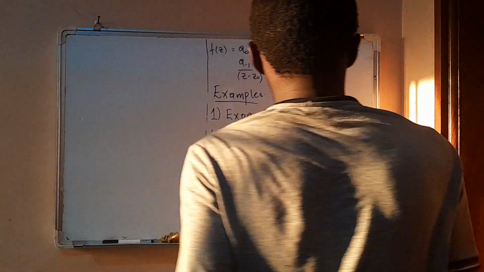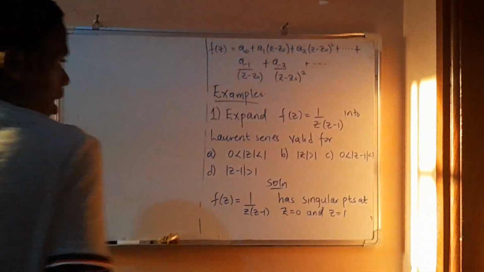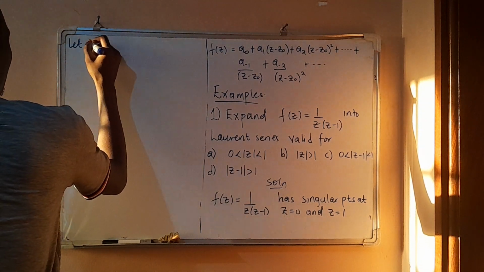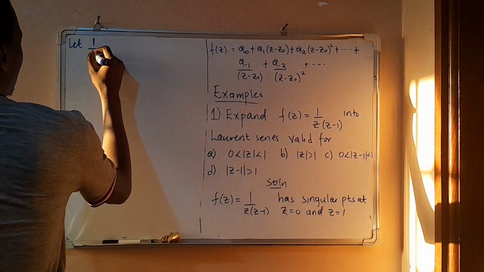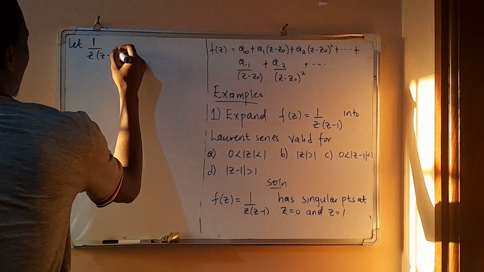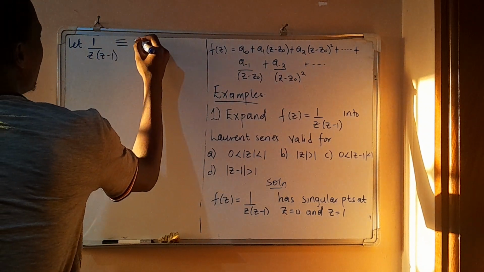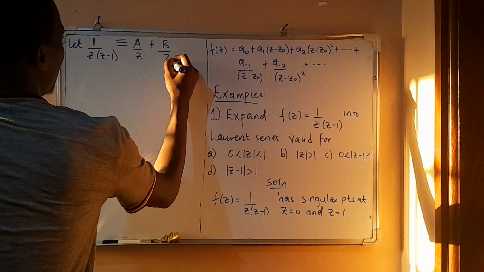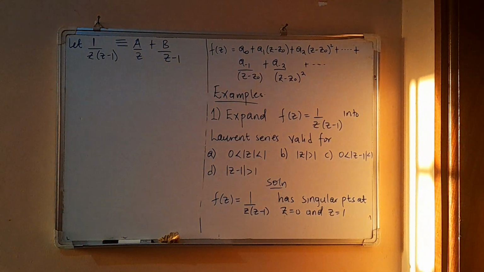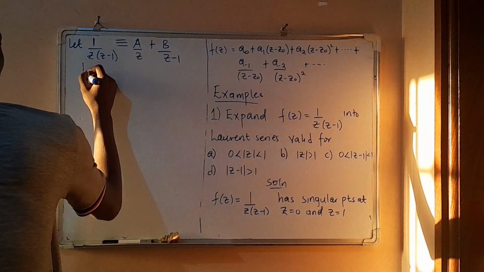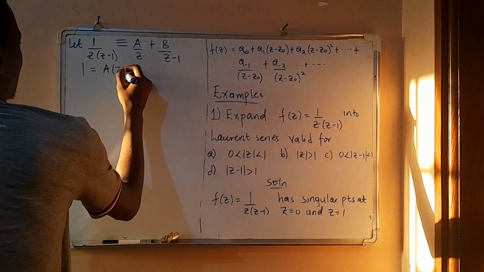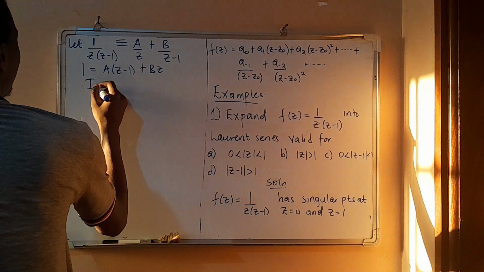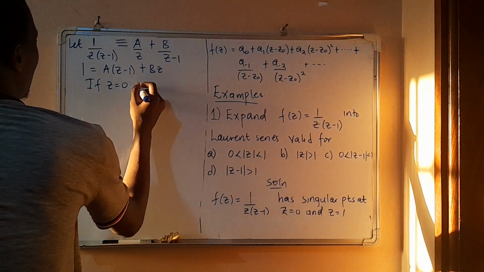So we are going to first break this down into partial fractions. We can let 1 over z(z minus 1) be equivalent to a over z plus b over z minus 1. Try to do some algebra: 1 equals a(z minus 1) plus bz. If z is 0, what shall we get?